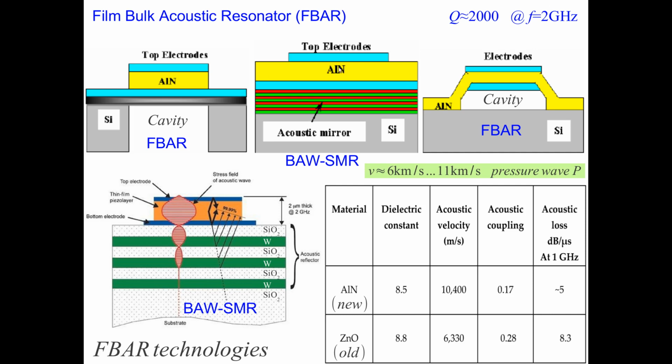It's the same picture, just a different drawing. This acoustic mirror reflects the acoustic waves, but may dissipate the power. So with the finite Q here and the power of, say, around 1 watt from the transmitter of our mobile phone, we can still handle that power dissipation of a few hundred milliwatts through the substrate if we have this acoustic Bragg reflector.